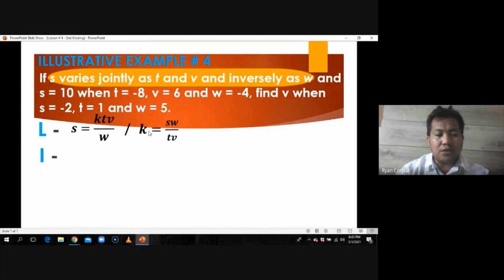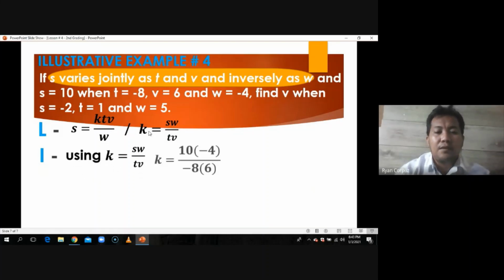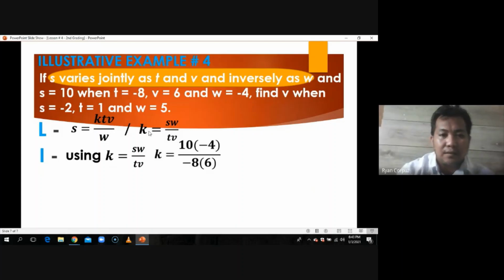Then with the application of the second step, using K is equal to SW over TV, let's start substituting the complete values of S, T, V, and W in the problem. S is 10, T is negative 8, V is 6, and W is negative 4.